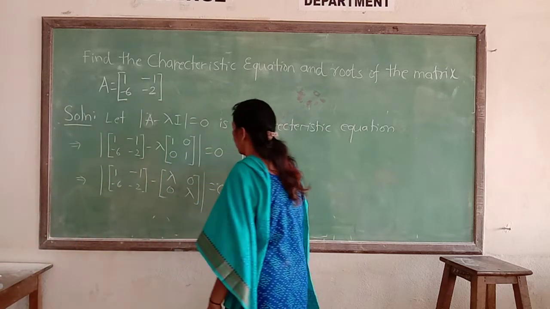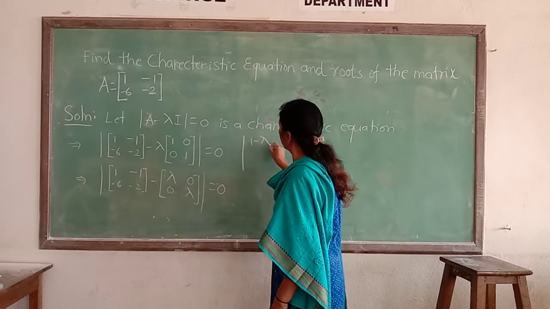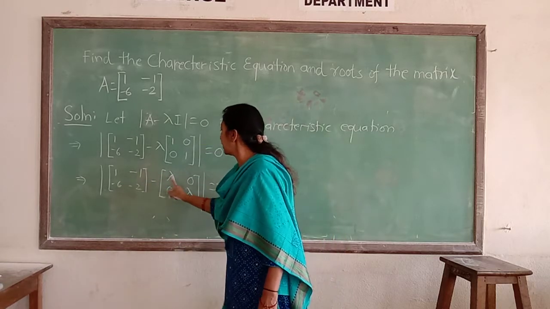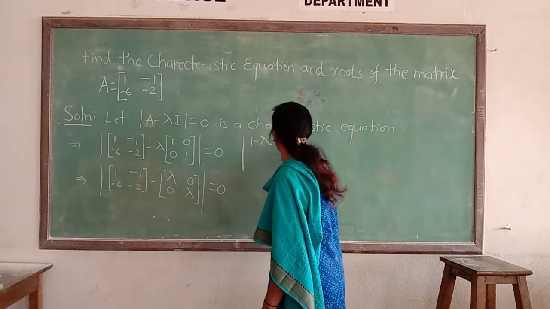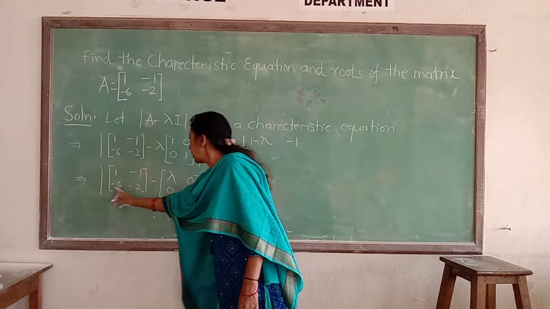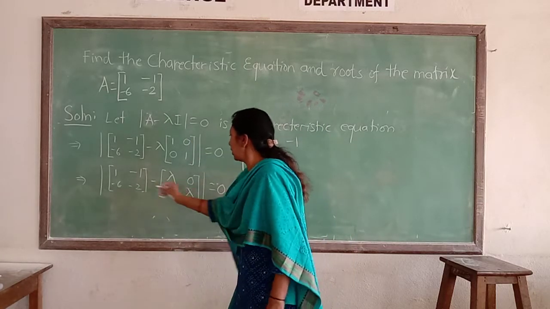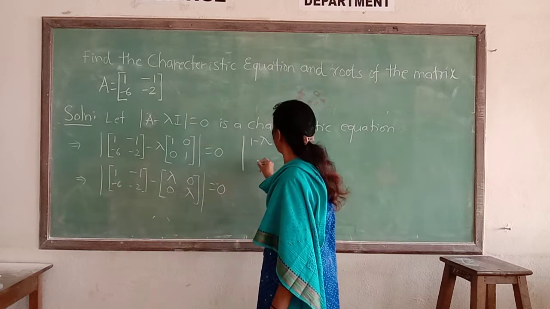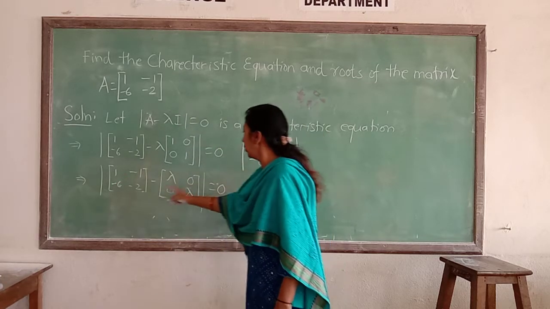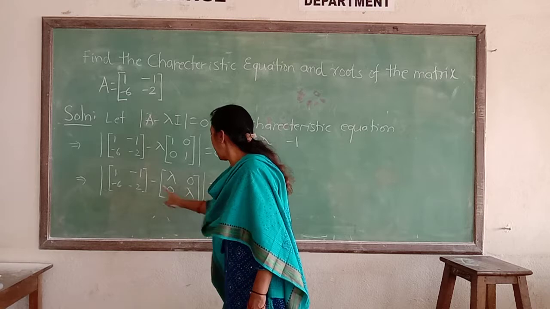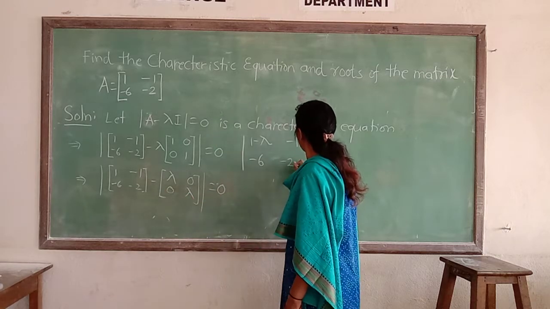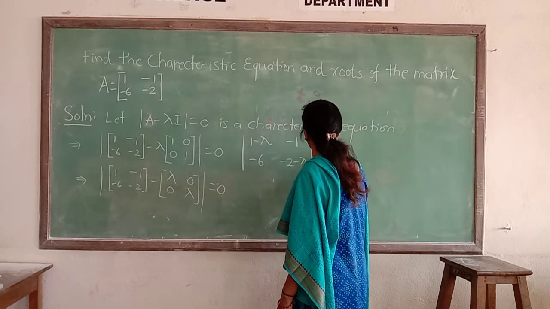That is 1 minus lambda, 1 minus lambda, minus 1 minus 0, minus 1, minus 6 minus 0 is minus 6 itself, minus 2 minus lambda, minus 2 minus lambda equal to 0.